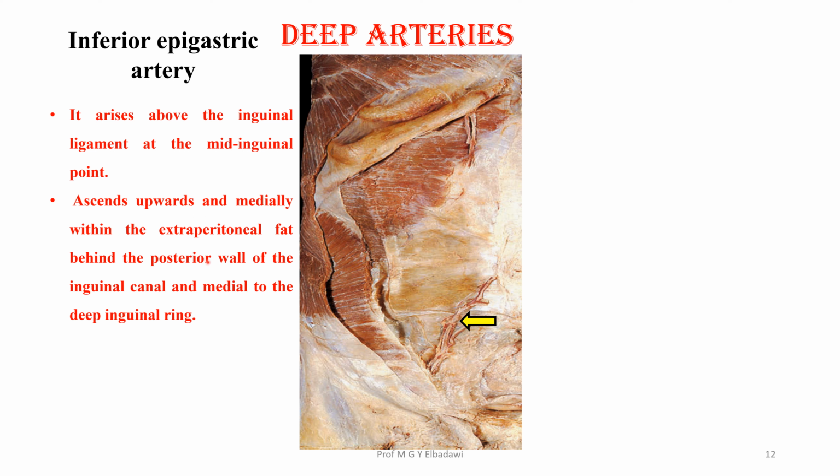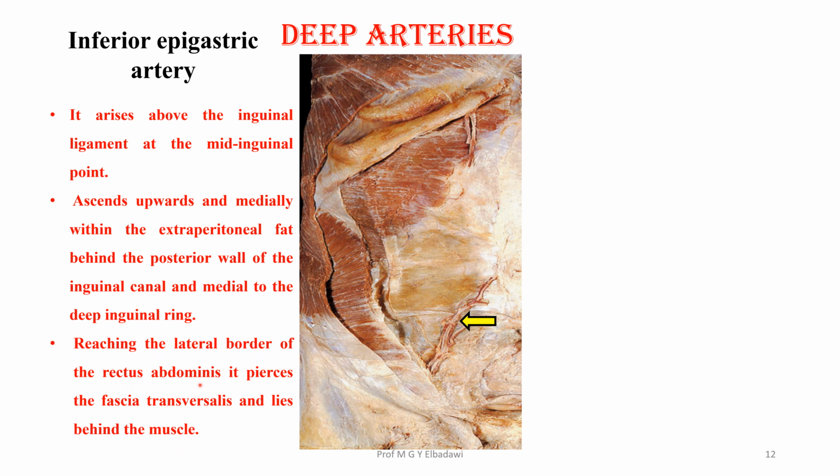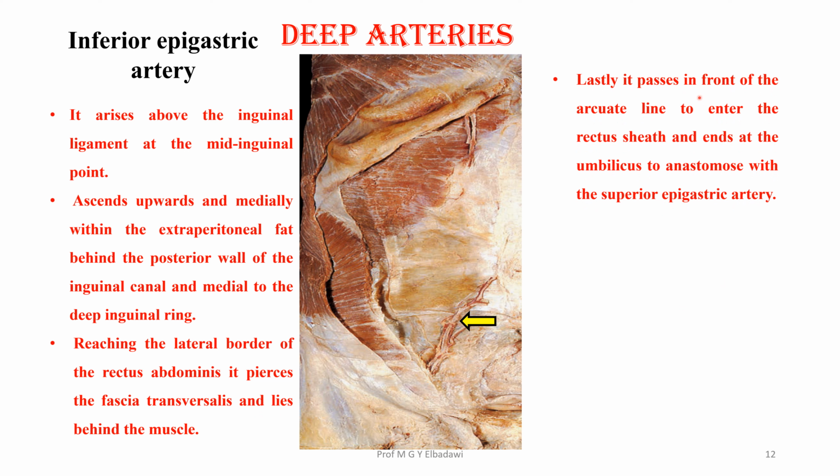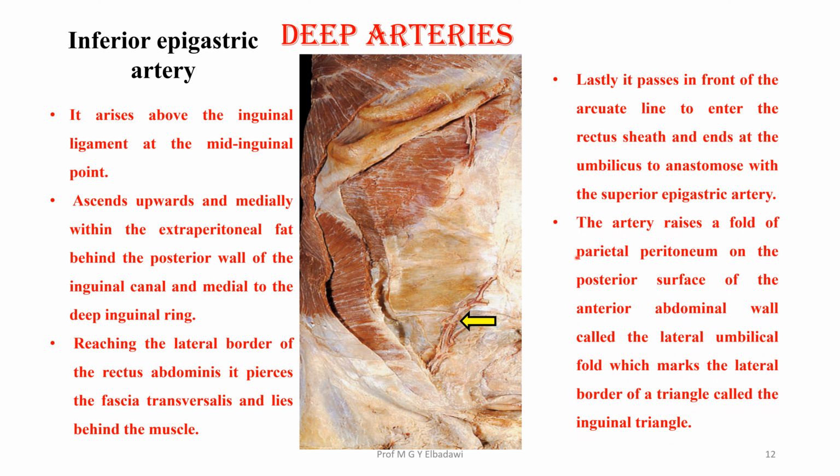It ascends upwards medially within the extraperitoneal fatty tissue, as all the structures in the abdominal cavity will be lying within that fat, behind the posterior wall of the inguinal canal and medial to the deep inguinal ring, reaching the lateral border of the rectus abdominis, which will be almost around this point here. It will pierce the fascia transversalis and lie directly behind the muscle. Lastly, it will pass in front of the arcuate line to enter the rectus sheath and ends at the umbilicus by anastomosing with the superior epigastric.